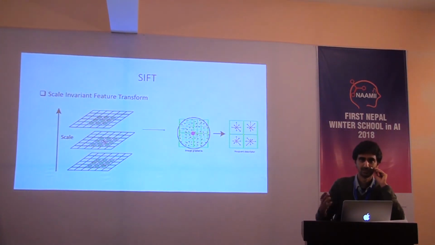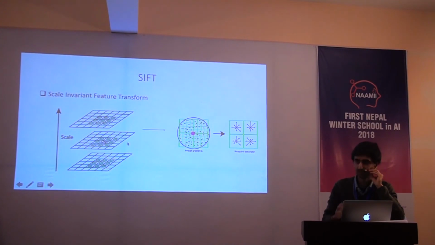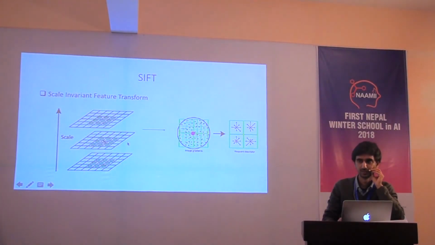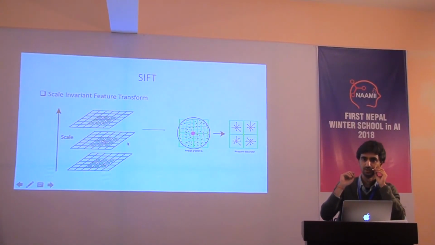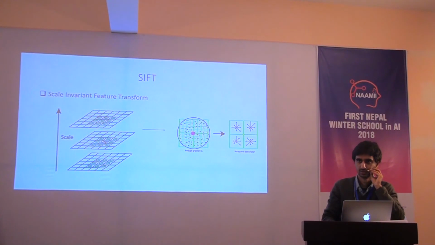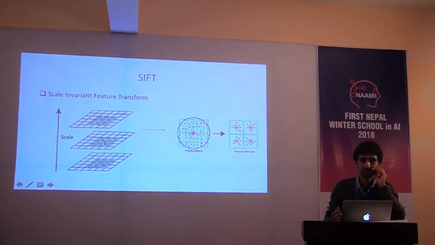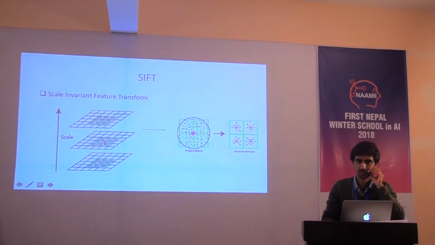Where there is a maximum or minimum, you identify that those points are descriptive, and the scale where you have the maximum is also the descriptive scale.